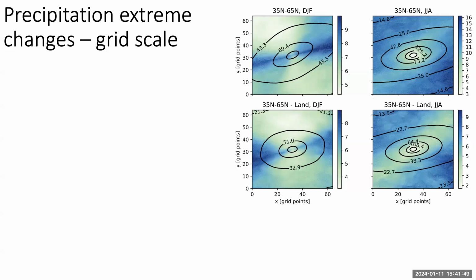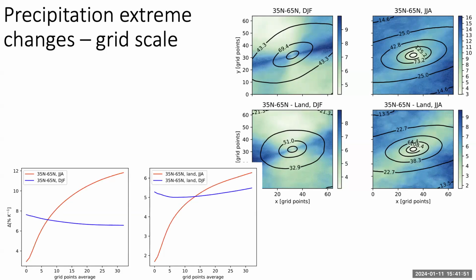And basically the DJF has a very different response from the JJA. I think the main point of that is that this is another pathway to use these types of models, because this is, I think, one of the most obvious.